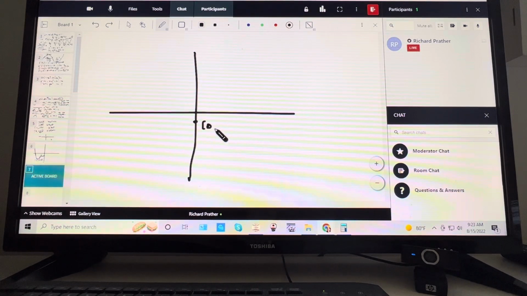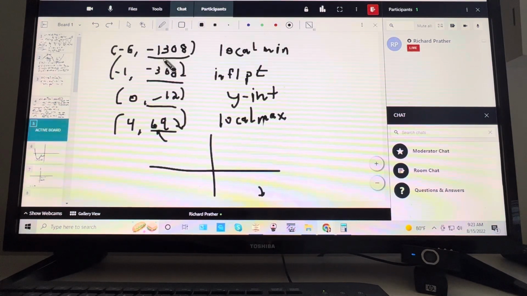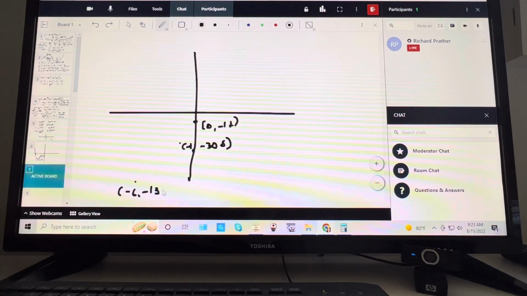So here's (0, -12). Here's, let me just put it on here, (-1, -308). And then down here somewhere is (-6, -1308). They're both 8s. Okay, 1308.